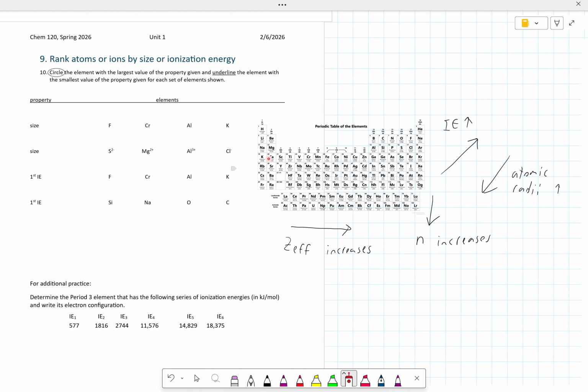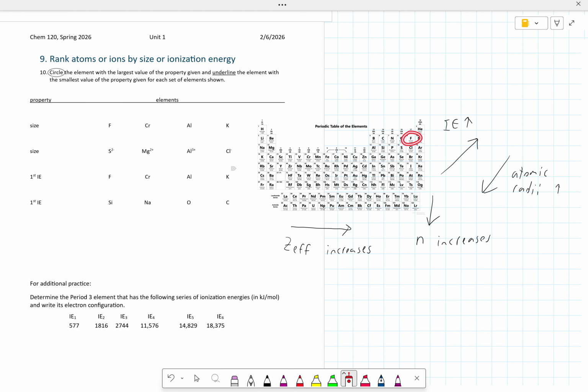The first thing I can see is potassium and chromium are both here in my fourth row, my fourth period. Then my aluminum is here in the third period, and fluorine is here in the second.